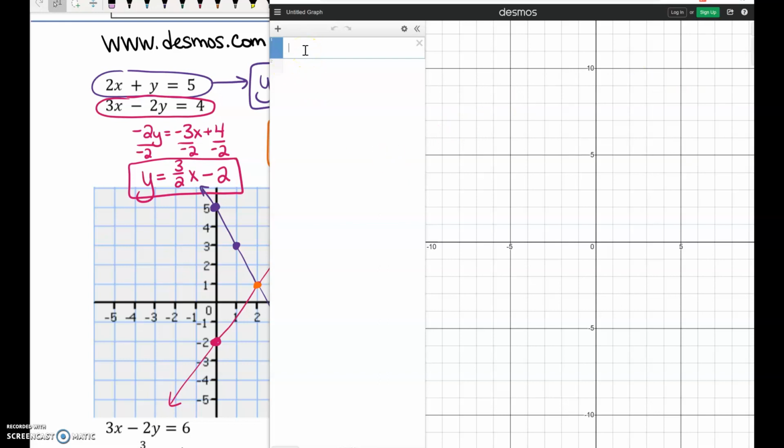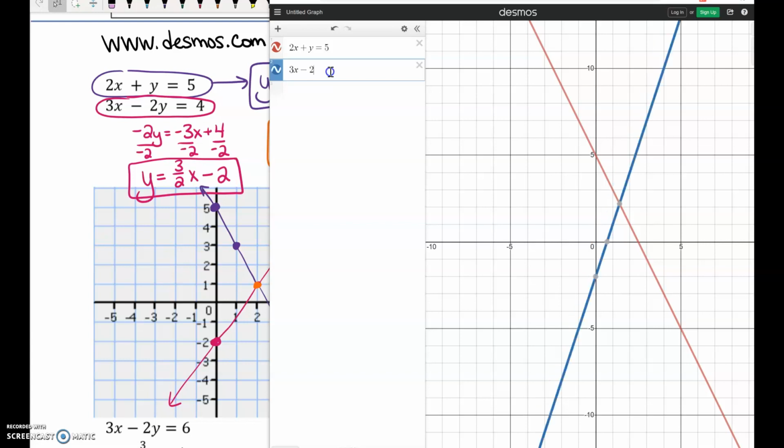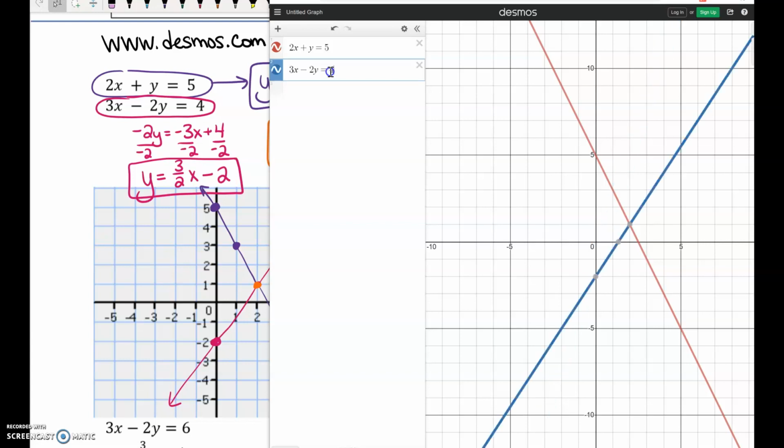So our original equation said 2x plus y equals 5. So right here in this box, I can type in 2x plus y equals 5. And then it just graphed that for me. Then you click on the next line and you type in 3x minus 2y equals 4, and it graphs that one for you.